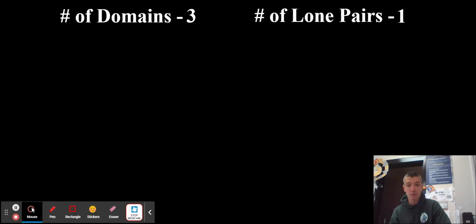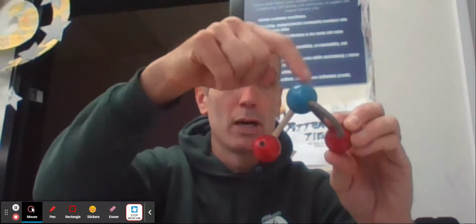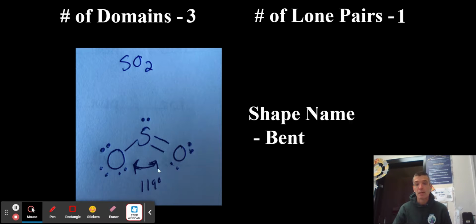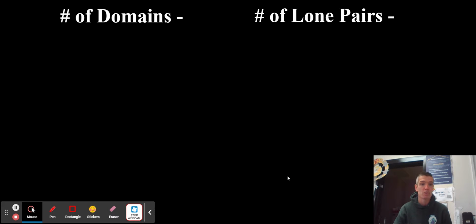An example of this is sulfur dioxide. You can see sulfur's in the center. It has one lone pair here, and this is known as bent. You can see that this angle is 119. You're going to notice that carry through in some of the other molecules.